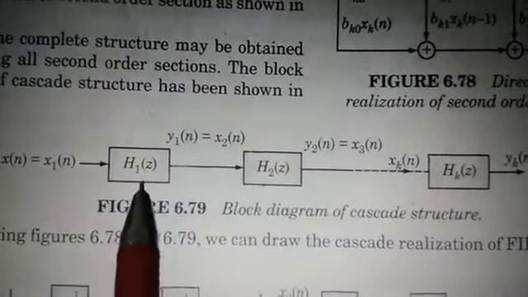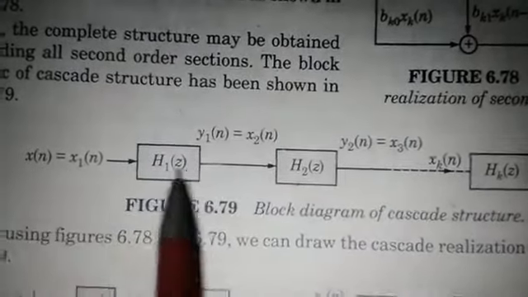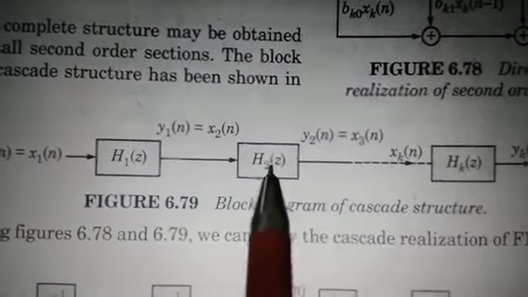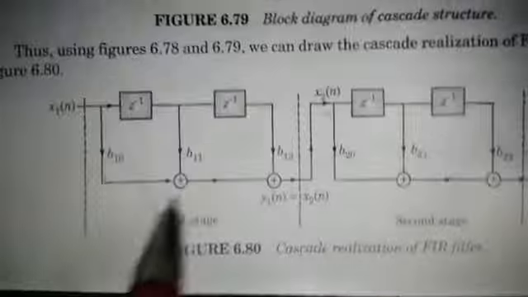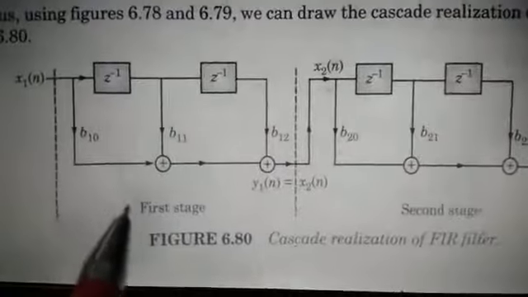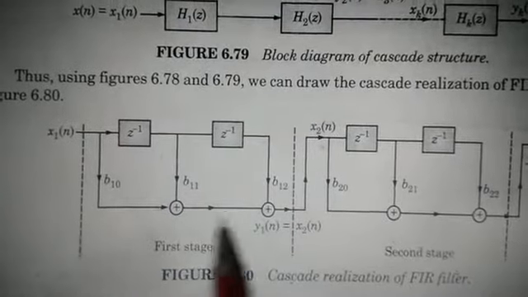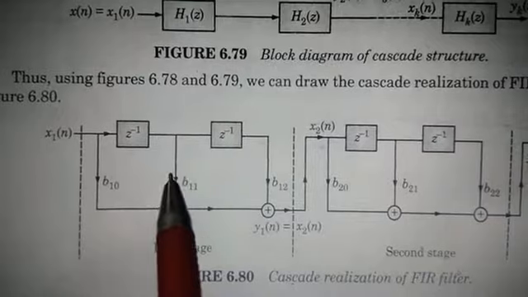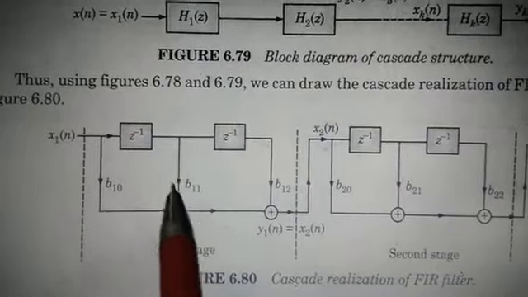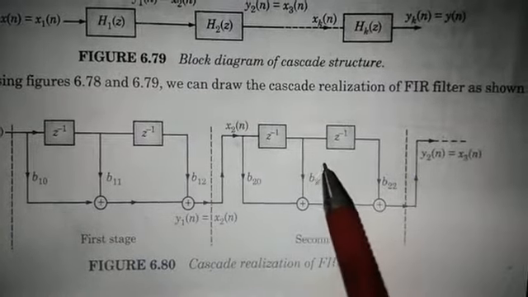Y of n, h of z is equal to h1 of z into h2 of z into h3 of z. So this is the cascade connection, and this figure shows, let us say this part is h1 of z, and this h1 of z is a direct form 2 structure, and this is h2 of z, this is also a direct form 2 structure.